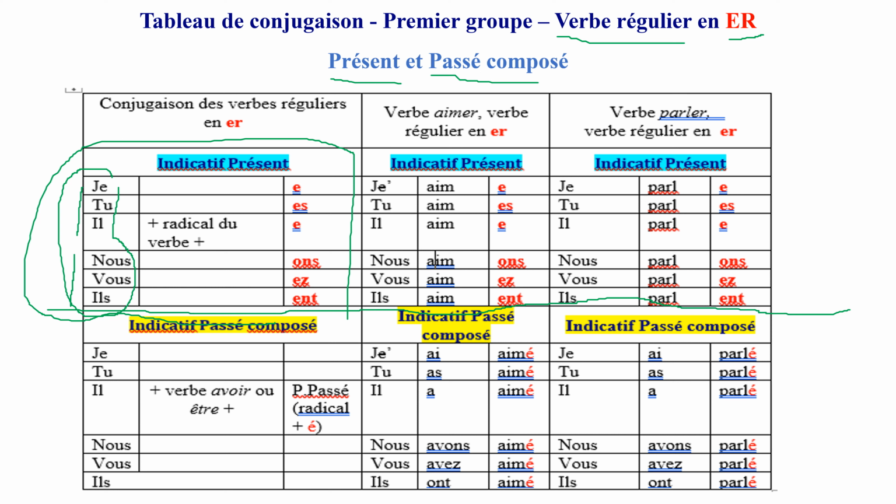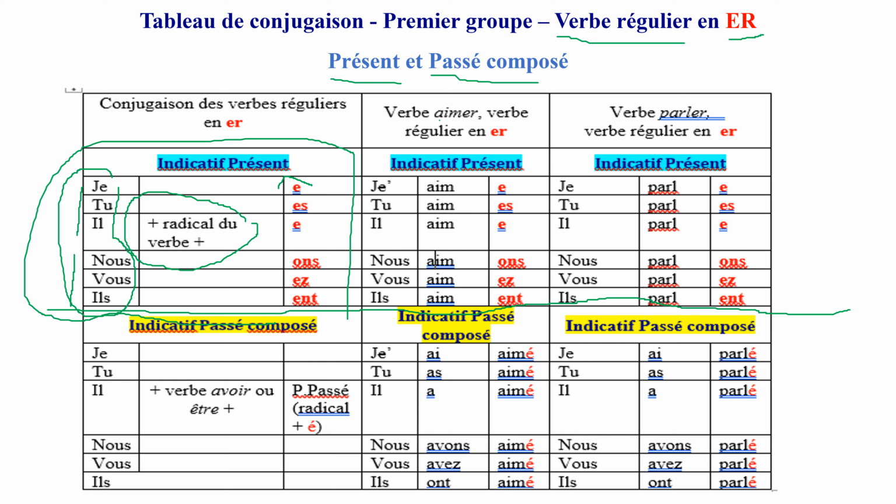What you do here is you take the root of the verb, le radical du verbe, and then all you need to do for the first person singular, it should end with an E. So if you remember this, E, ES, E, ONS, EZ, ENT, all you need to do is fill this one here with a verb. And you have your présent de l'indicatif.